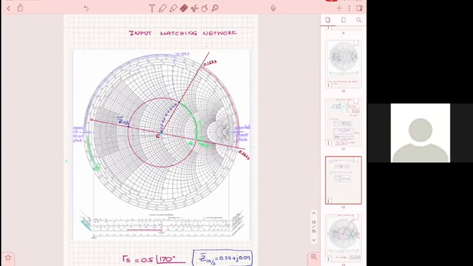I have one more question. For finding this stub length, you started from 0.139 lambda, the purple. I always thought we should start at like 0.168. Is that wrong?